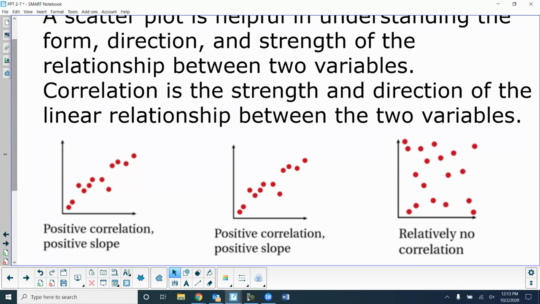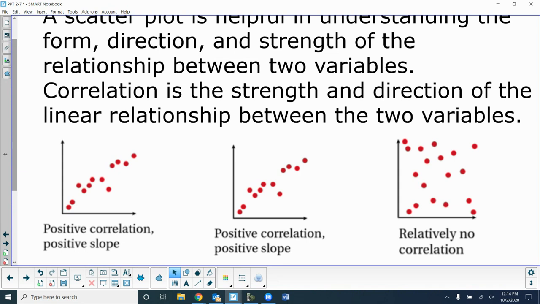But a positive correlation means you can kind of look at these points and think about a line going through those, okay? They don't all line up on the line, but you can kind of draw one that splits the difference. You get the same amount above it and the same amount below it. So it's going this way, so it's got a positive slope. So if it's going in a positive slope direction, it would have a positive correlation.